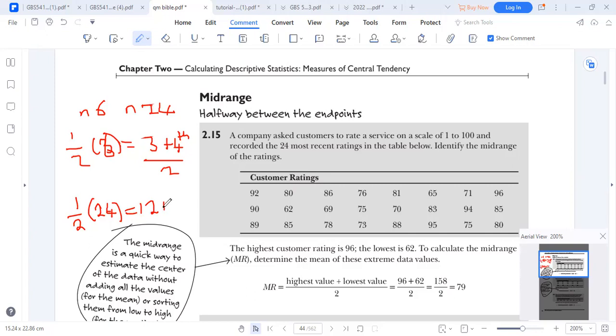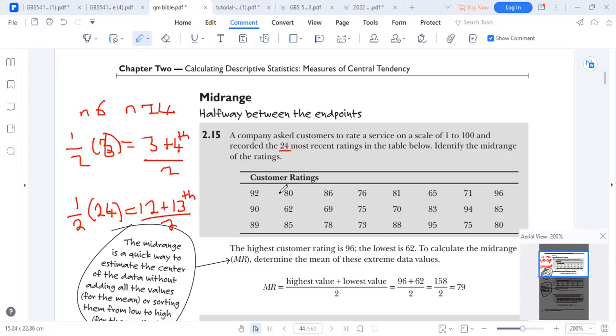You add the next position as well, the 13th number. You divide by 2, meaning you find the mid-range. Then you divide their solutions. So here we're given the rankings of customer service for 24 clients.